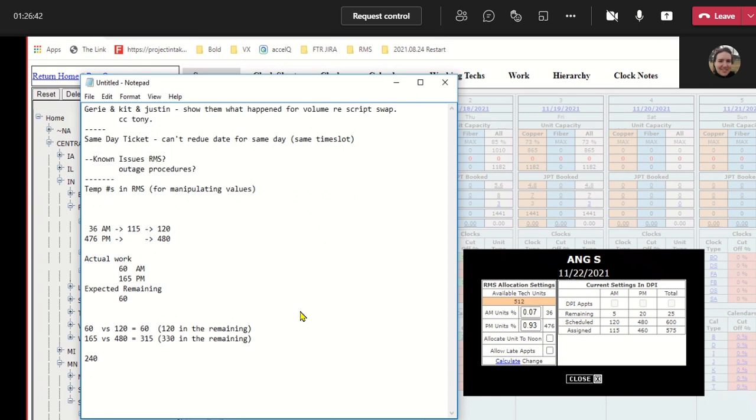Which rounds to 115 because of the min, and then because of DPI, 120. Okay. And that's because that 60 is 120 minus the 60, right? I just want to make that explicit: the 120 from what we calculated minus the actual work.